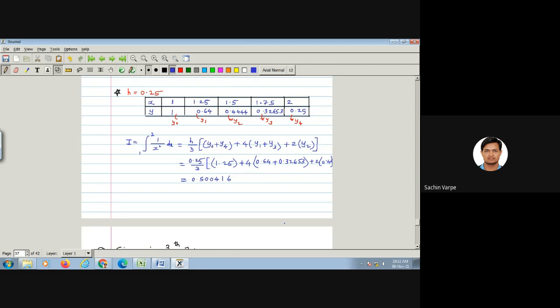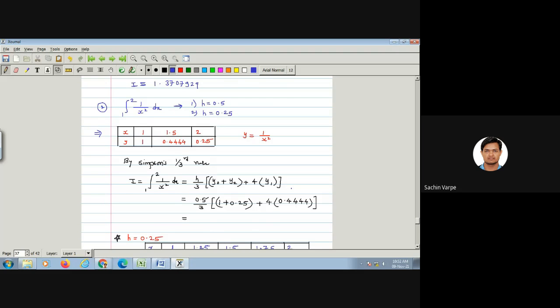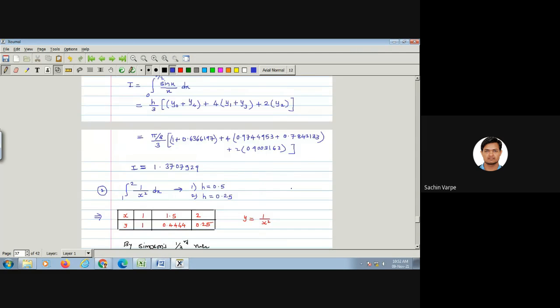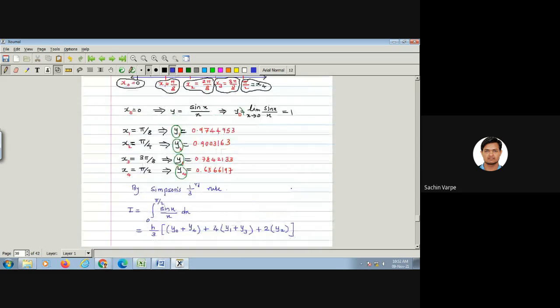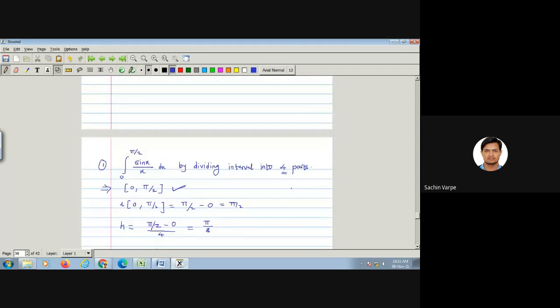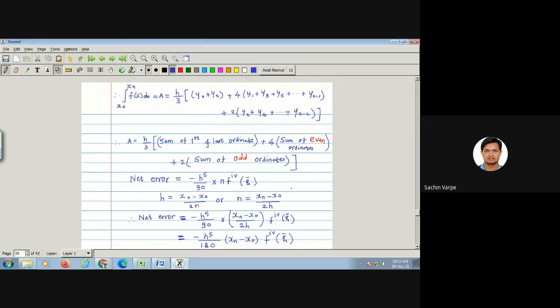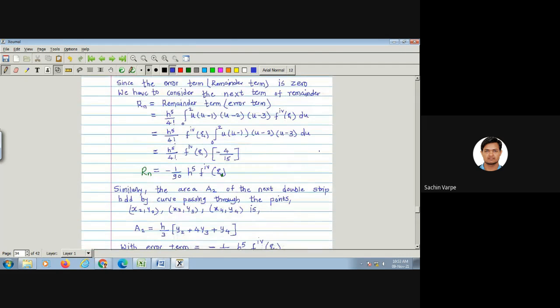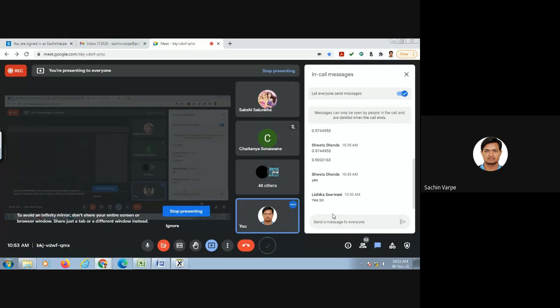Can you differentiate these two, at least geometrically? Sakshi, can you try?